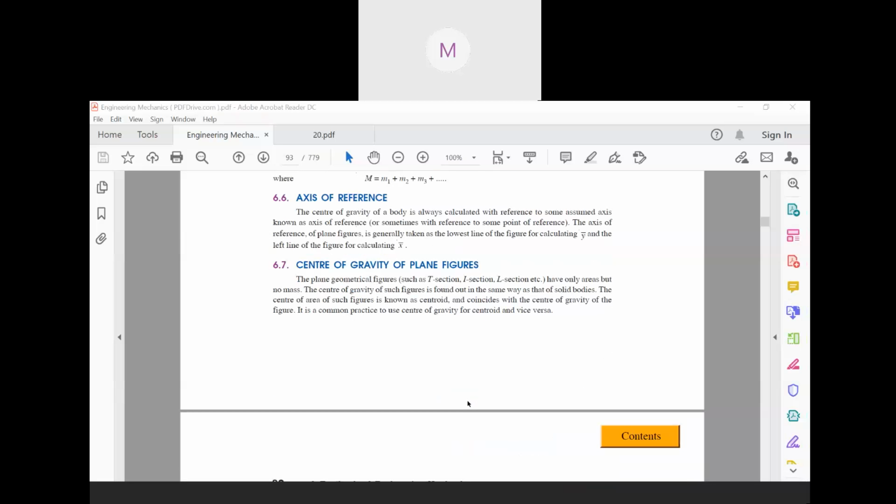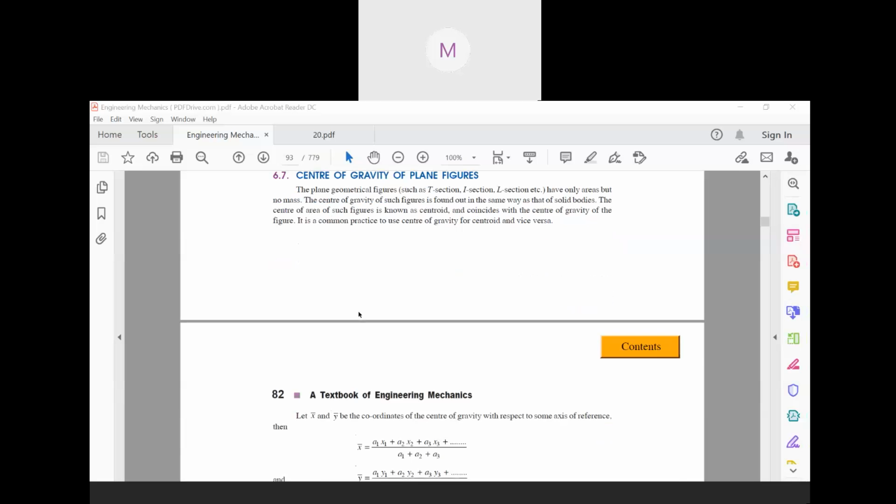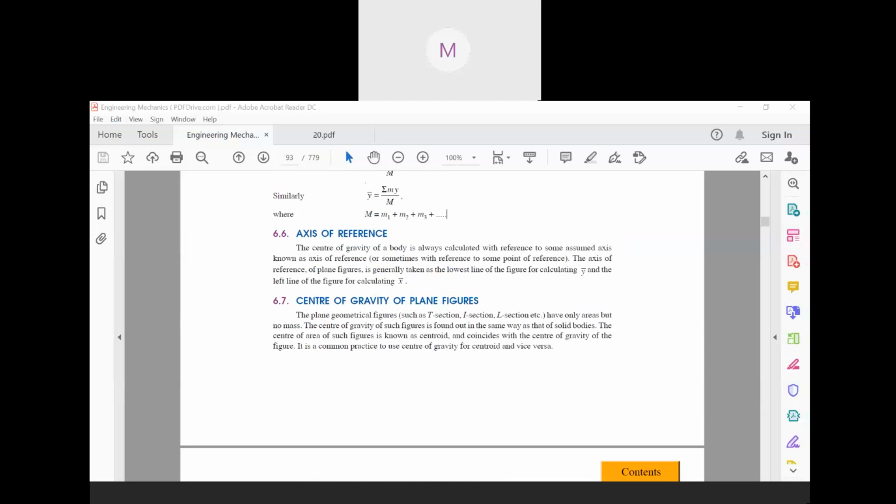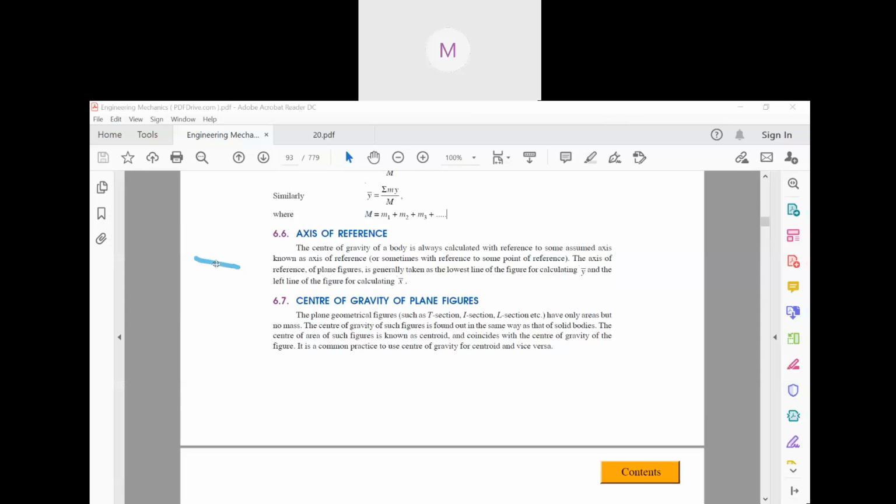Now if you see center of gravity of plane figures, we first have to find out the center of gravity of plane figures. Plane figures means what? T section, I section. T section means just a simple T like this, or maybe I. So you have to find out the center of gravity of all these.